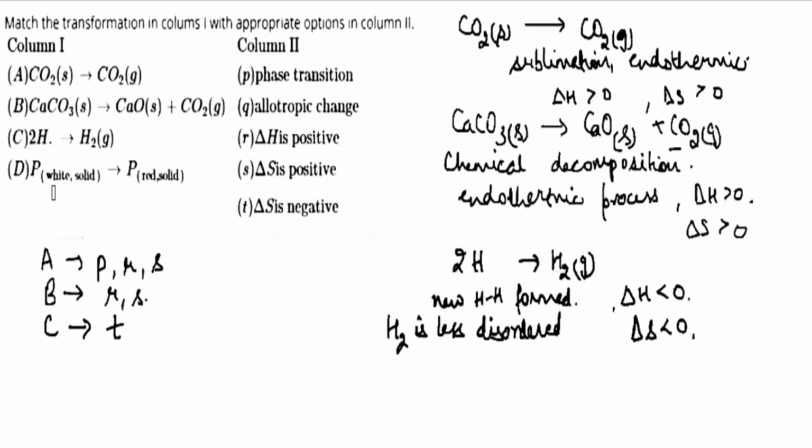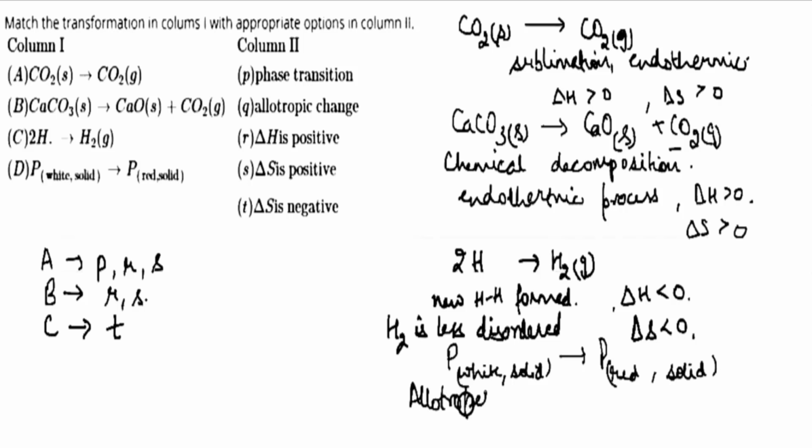And in the last option, we have white phosphorus solid changing to red phosphorus solid. Both are in the solid state, and both are allotropes. So this is a phase change as well as an allotropic change.